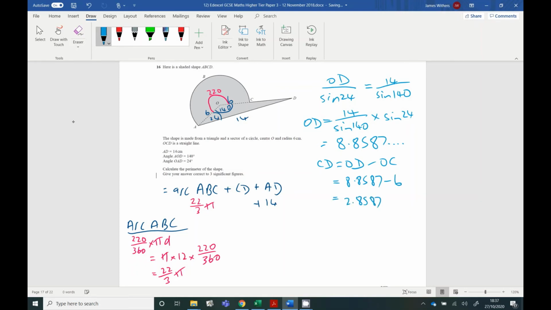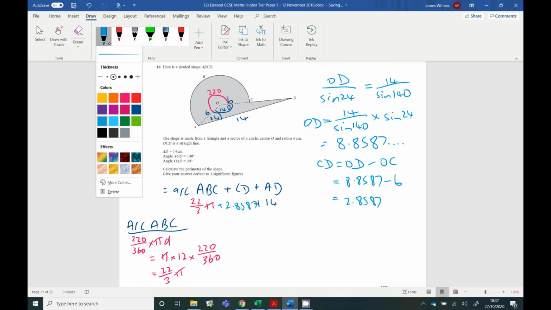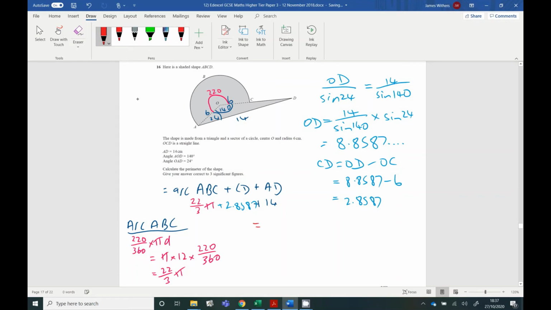That's the length from C to D. Now adding these three lengths together, we get 39.891... So to three significant figures, that's 39.9 centimeters. And that's our final answer.